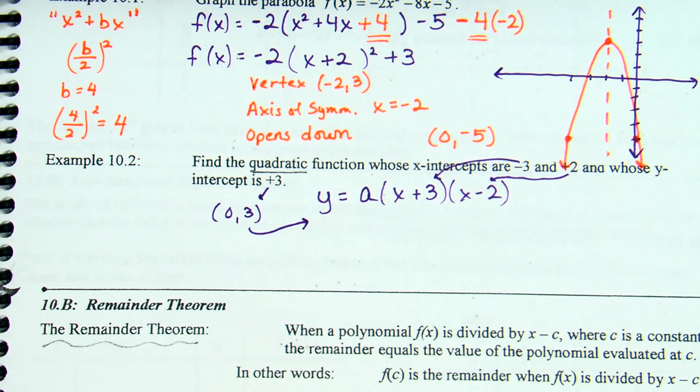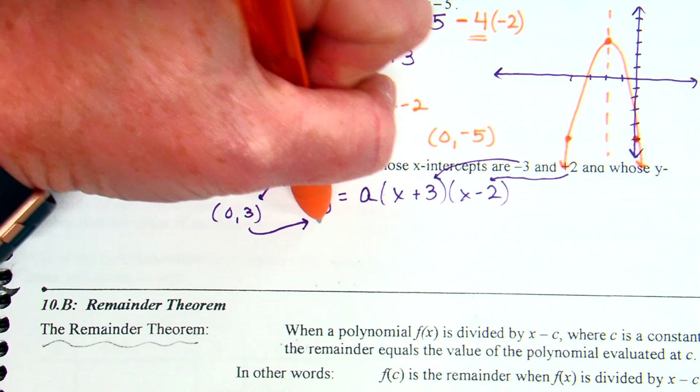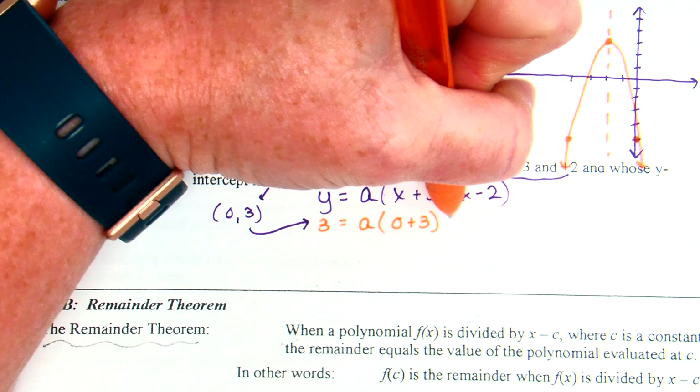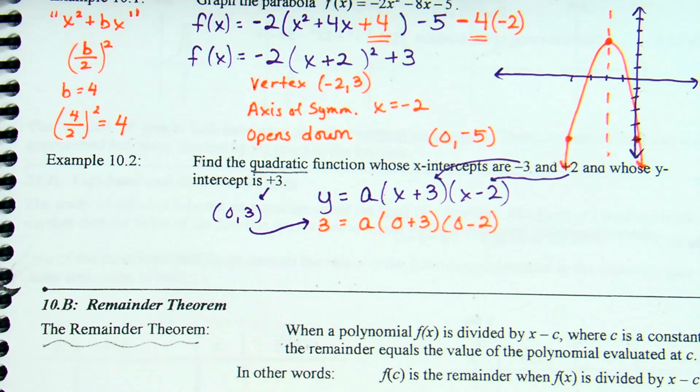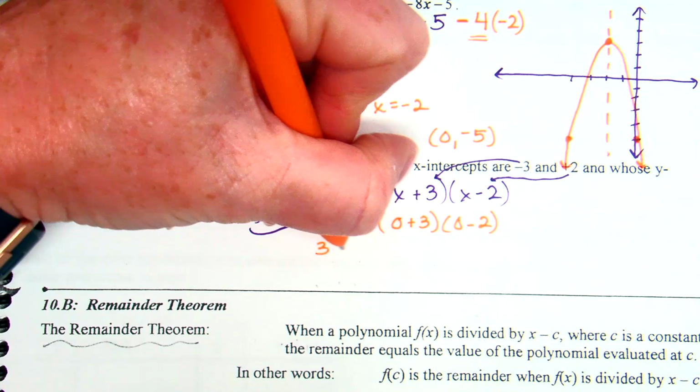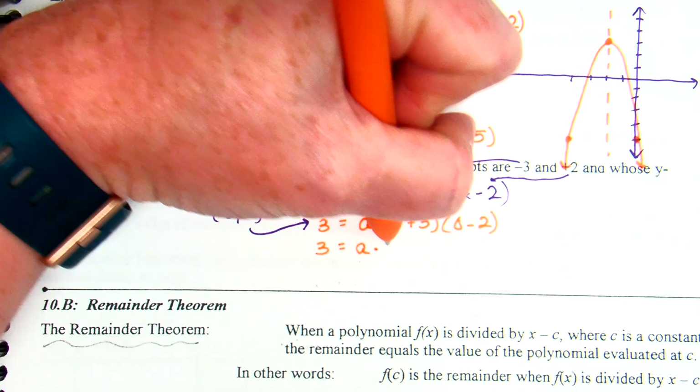So if that's the case, y is 3 equals a times 0 plus 3 times 0 minus 2. Then I have 3 equals a times 3 times negative 2.